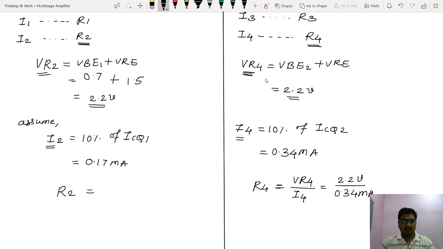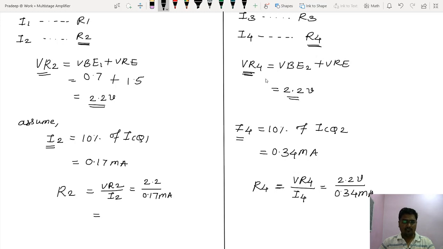Meanwhile, I'll write here it is VR2 divided by I2. What is the value of VR2? It is 2.2 divided by 10% of ICQ, 0.17 milliamperes. Now what is the value of R2?